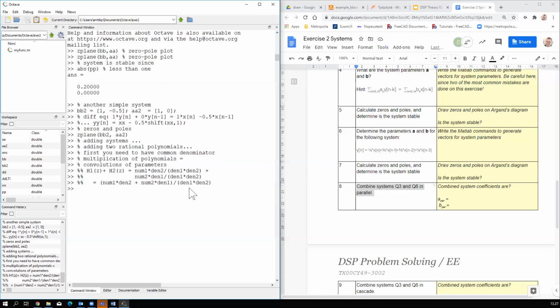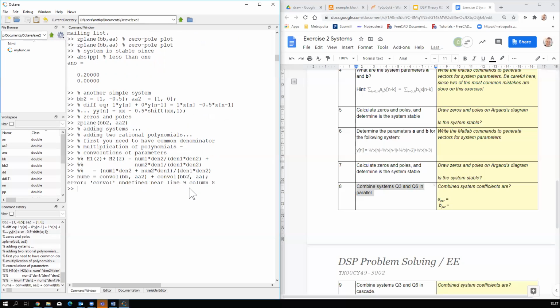So the numerator equals the convolution of numerator 1, which was bb, with the denominator of 2, which is a2, plus the convolution of numerator 2, which is bb2, with denominator a.